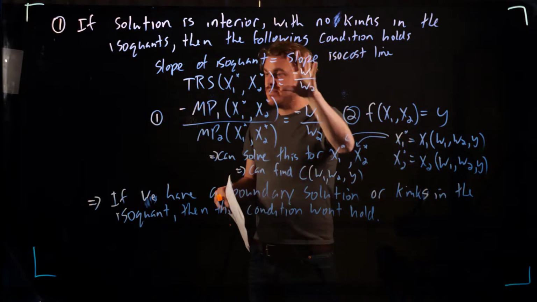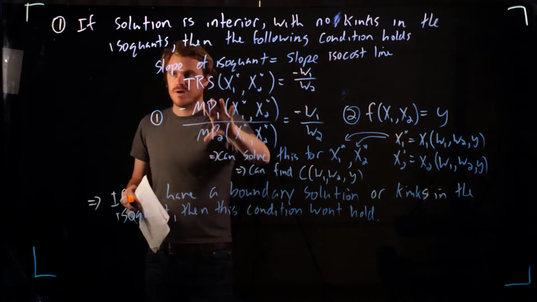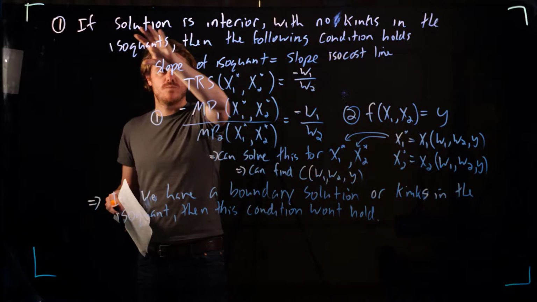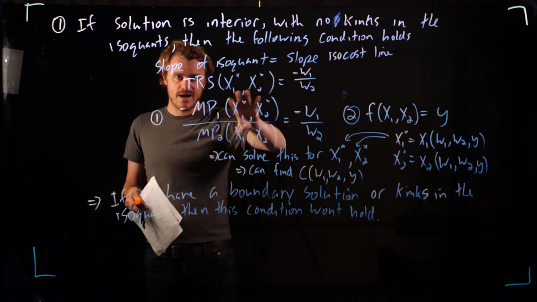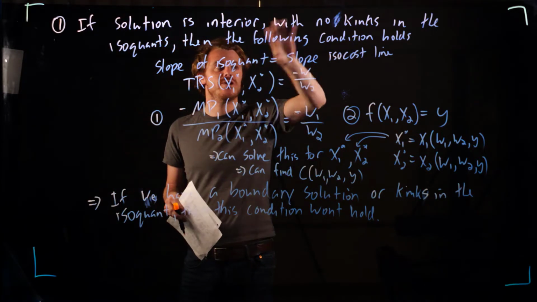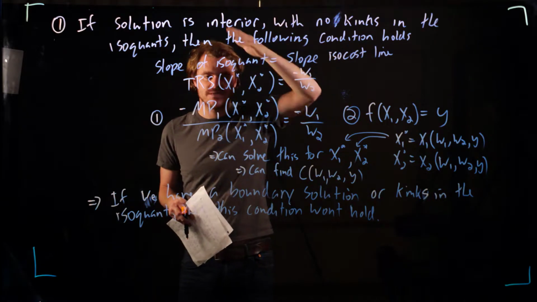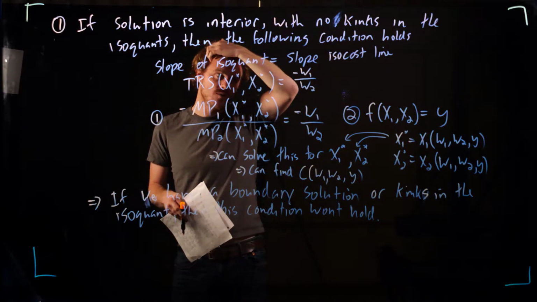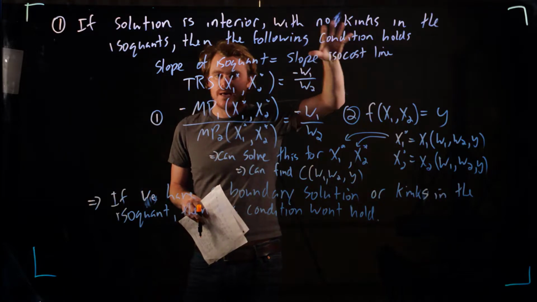But again, setting the slope of the isoquant equal to the slope of the isocost line is only going to work when we have interior solutions with these nice, well-behaved isoquants with no kinks and things like that. So when we can't, in this case, we're going to have a boundary solution.